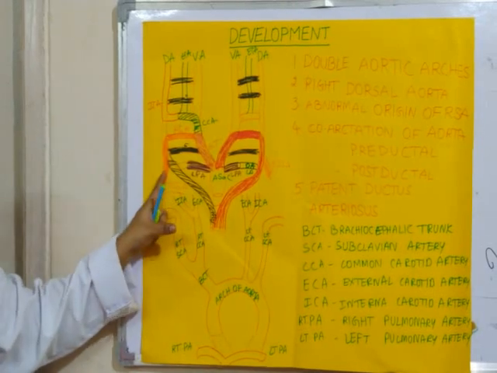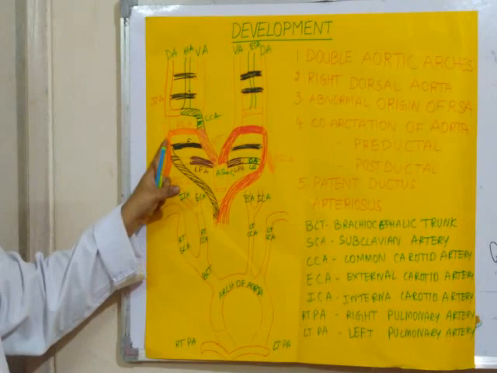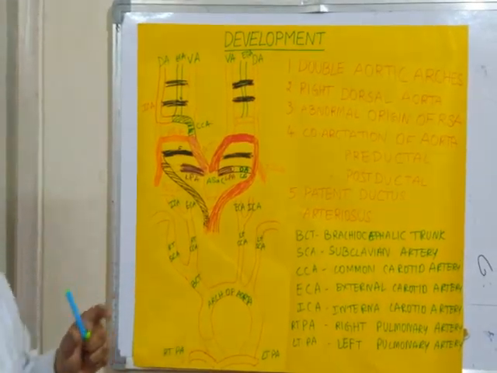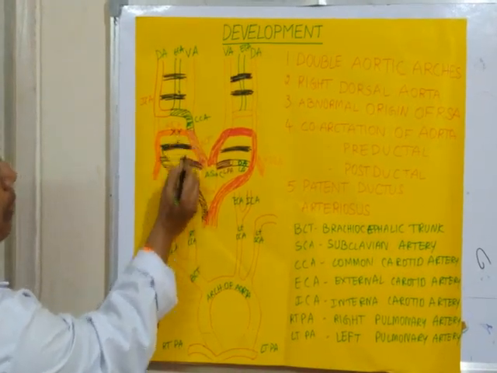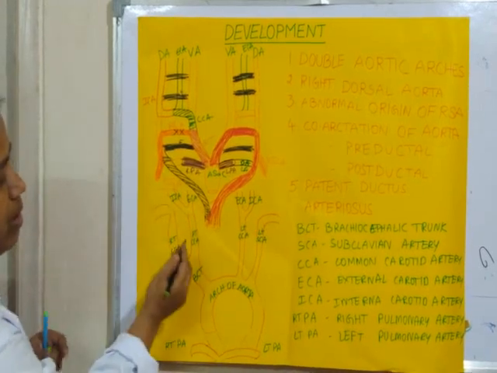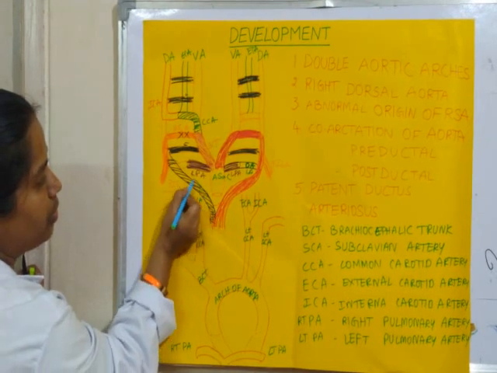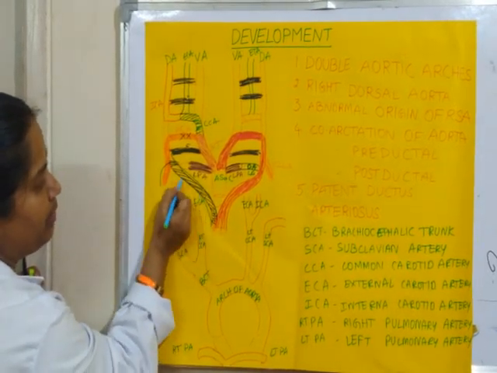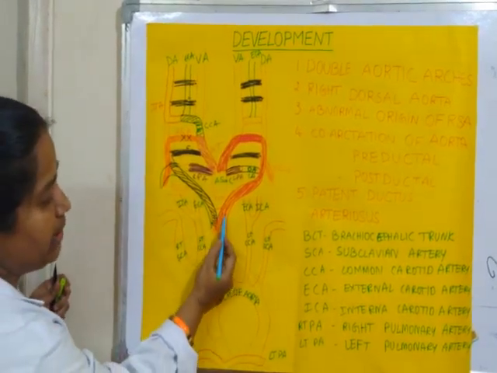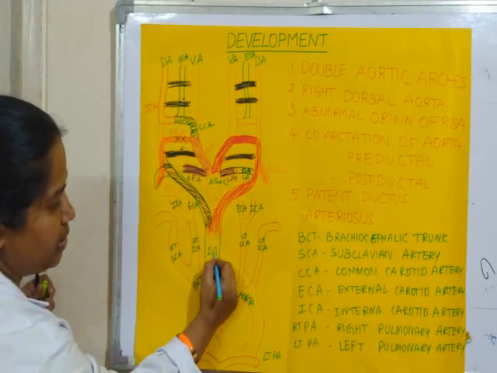Normally the right subclavian artery arises from the fourth aortic arch as well as the seventh intersegmental artery. But sometimes the fourth arch gets obliterated and the dorsal aorta is patent. At that time you will see the origin of right subclavian artery directly from the arch of aorta, mostly at the junction of arch of aorta with the descending aorta.